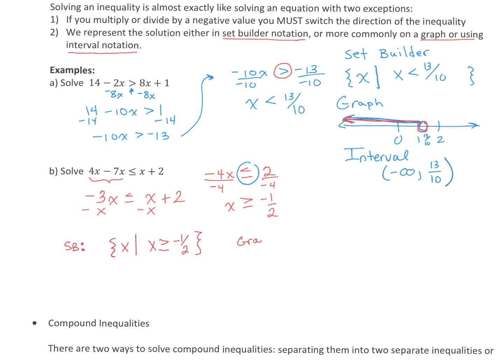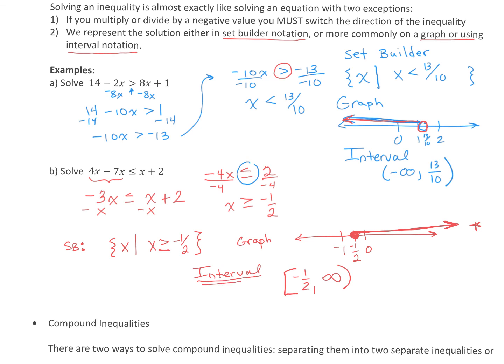On the graph, we would have negative 1/2, and because it's got the equal to bar, we're going to put a solid dot, and greater than would be to the right. And then the interval would be bracket negative 1/2 to infinity. So I find it very easy if you graph the inequality first to just look at the graph from left to right, and that will help you with your interval notation.